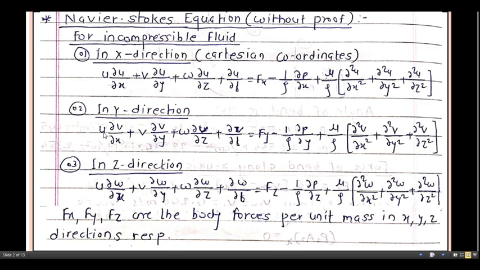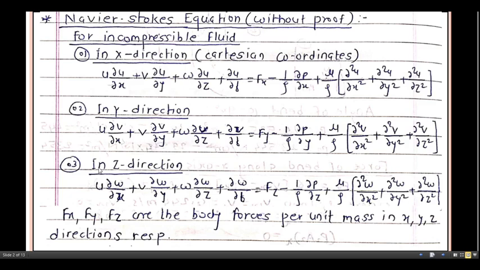So you can get this equation in this way: u into ∂v/∂x plus v into ∂v/∂y plus w into ∂v/∂z plus ∂v/∂t equals Fy minus 1 upon rho into ∂p/∂y plus mu divided by rho into ∂²v/∂x² plus ∂²v/∂y² plus ∂²v/∂z². Now along the y direction, these values change accordingly.